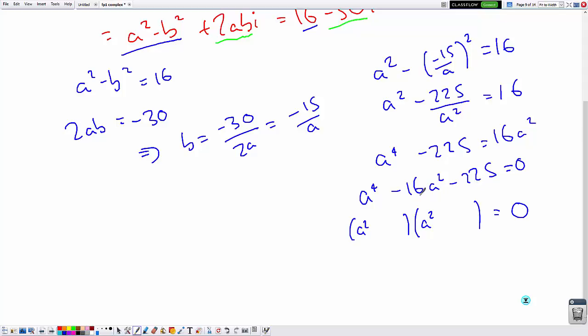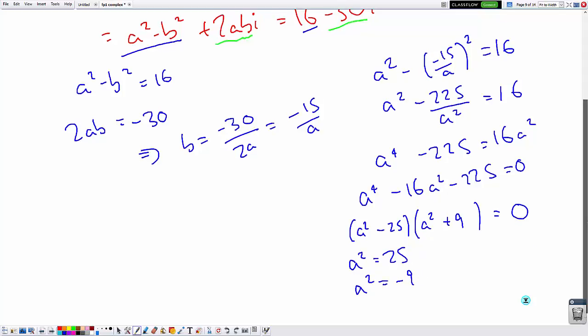Yeah, 25 and 9 give me that. Now I just need to think about the signs. It's minus 25 plus 9. Let's just check. So 25 times 9 is 225, and you get minus 16. So what do we get? We get a squared is equal to 25, or a squared equals minus 9.